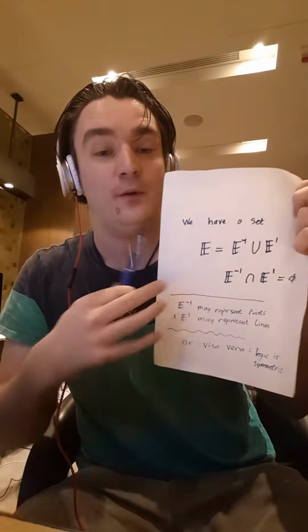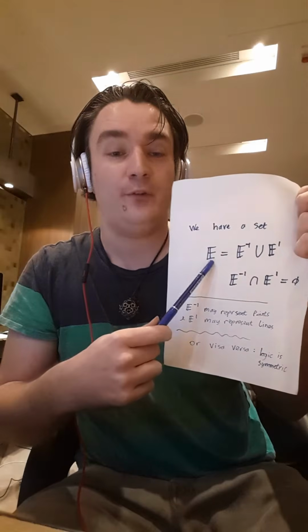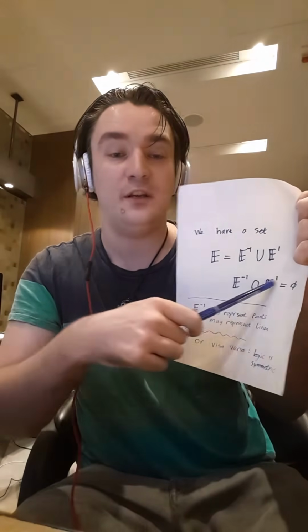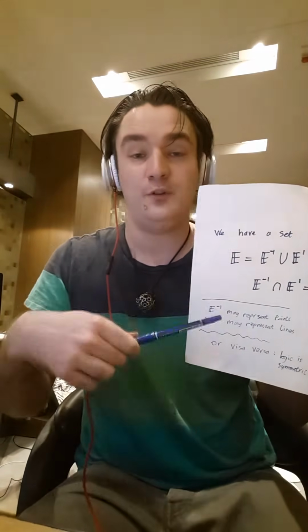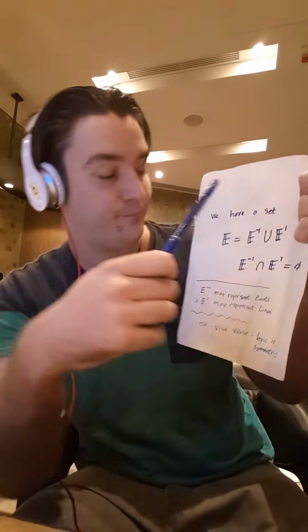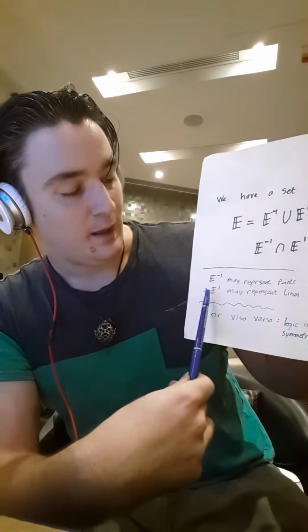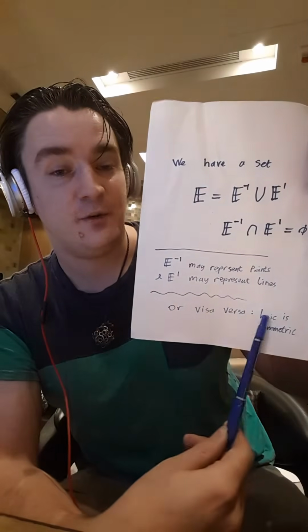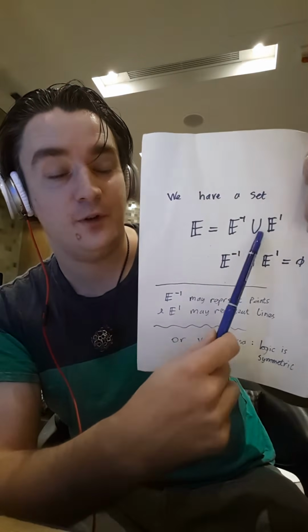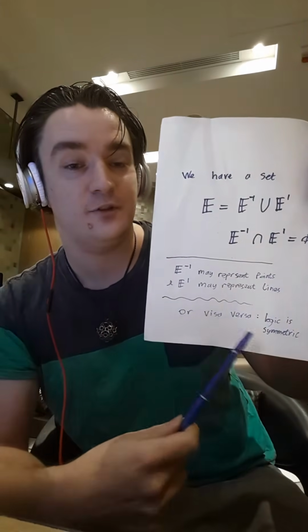Okay? So a set of elements partitioned into two different types, which we might call points and lines. So it doesn't matter which of these ones you want to call points and which ones you want to call lines, because the logic is symmetric.